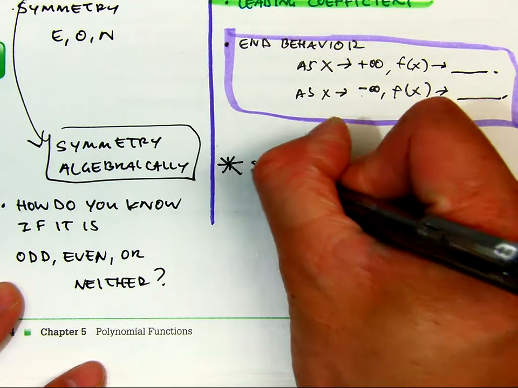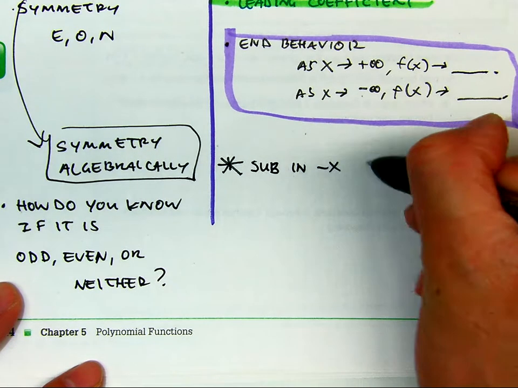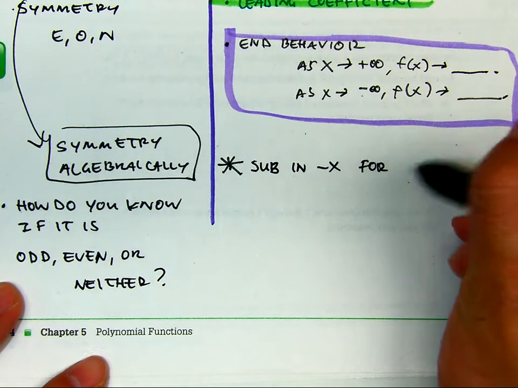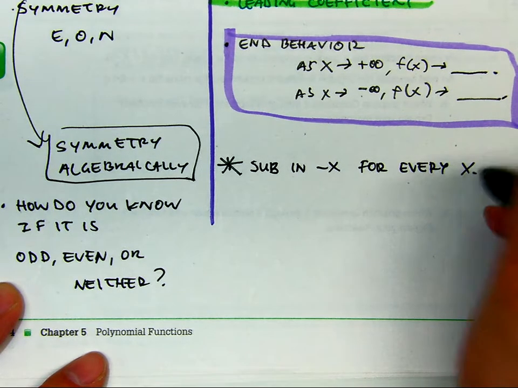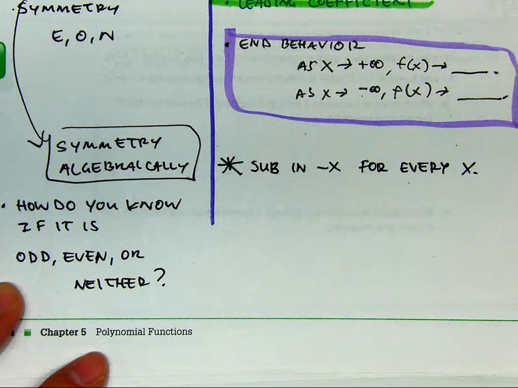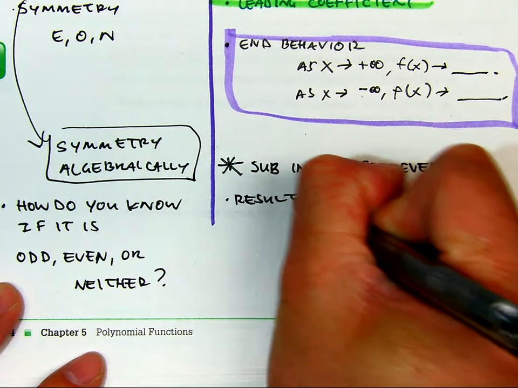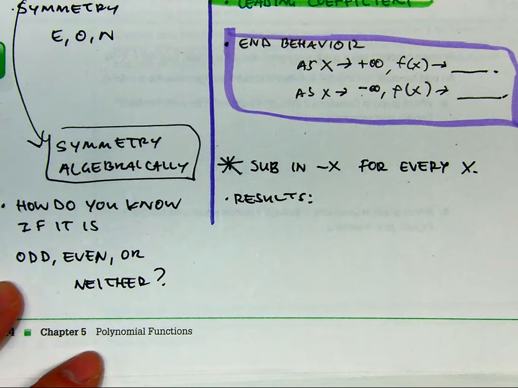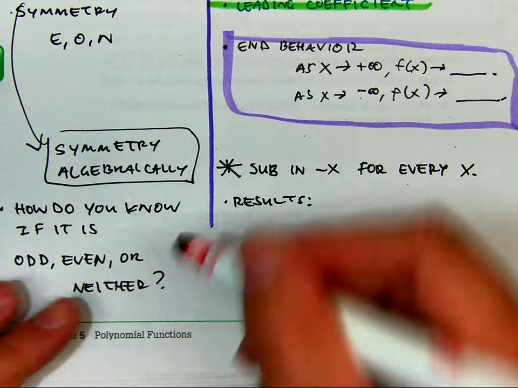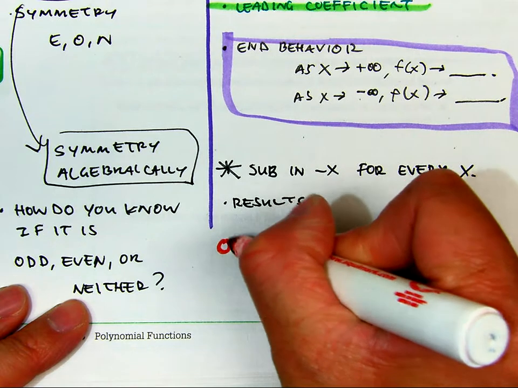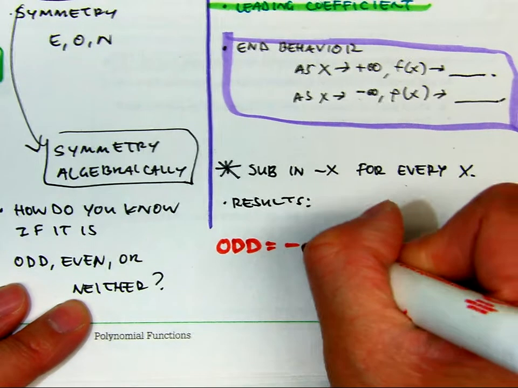you're going to sub in negative x for every x. And then if you look at your results, it's going to be an odd if your answer is the opposite of your original.